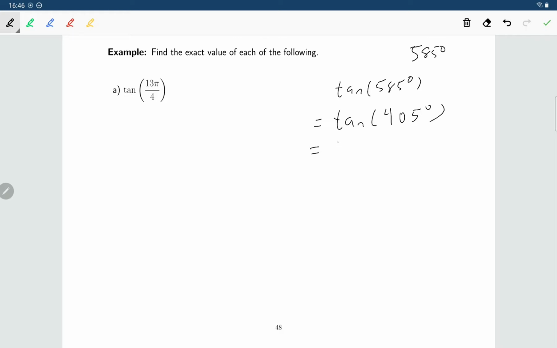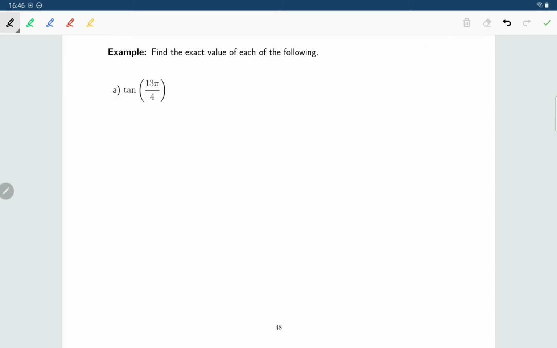And that would be the same as going back another 180 degrees, and yet another 180 degrees, because again, tangent has a period of 180. I'm going to actually write this, though, in terms of radians.